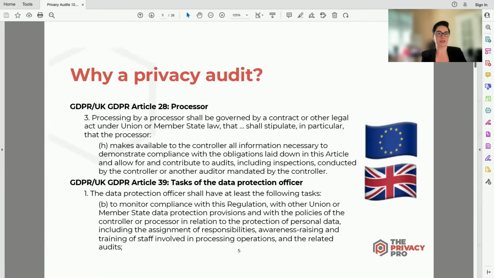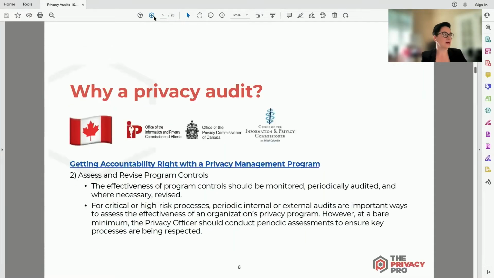So why are we talking about a privacy audit? Well, maybe you are an in-house privacy professional, you were selected for a privacy audit, maybe you are hiring a service provider to do processing on your behalf or with you. Maybe you're subject to GDPR, fulfilling obligations as a data processor or a DPO.